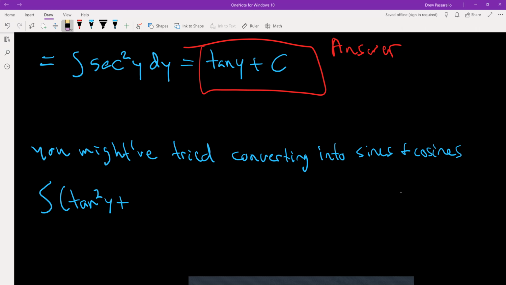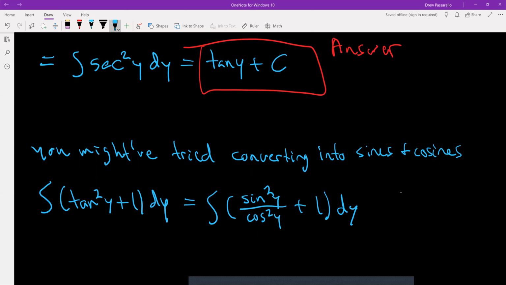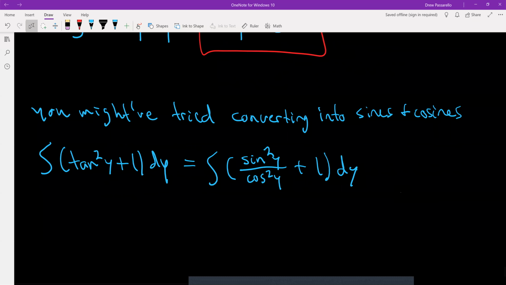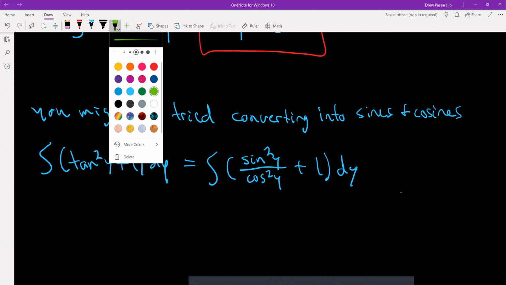Tangent squared is going to be sine squared over cosine squared. And right now, we don't even have any formulas in our integration table that deal with sine squared or cosine squared either.